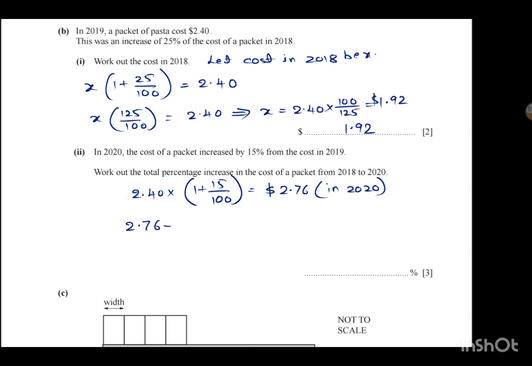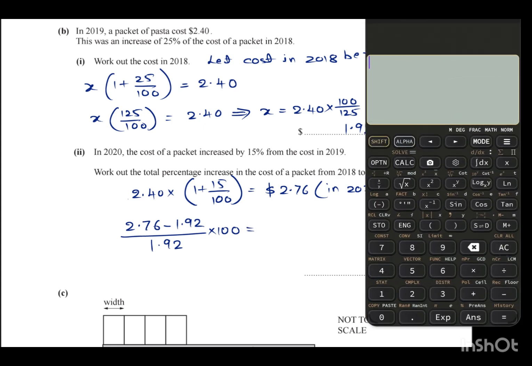Subtract from that the cost of packet in 2018, which we got in the previous question, 1.92, and divide by the cost in 2018, because they are asking us to find the percentage increase. So we take the cost in 2018 and then multiply by 100. Just do that: 2.76 minus 1.92.